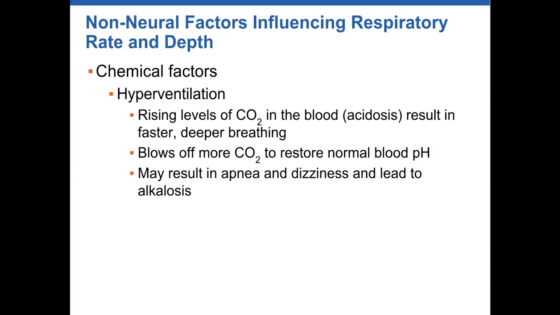So if your CO2 levels are too high, you're going to hyperventilate. And so that really means you're going to breathe faster. But when you breathe faster, or you have that hyperpnea, what's going to happen here is you're going to blow off more carbon dioxide than you would in normal breathing. And so with hyperventilation, you're actually going to lower your CO2 levels really quickly. If this is normal, then you get back to normal.